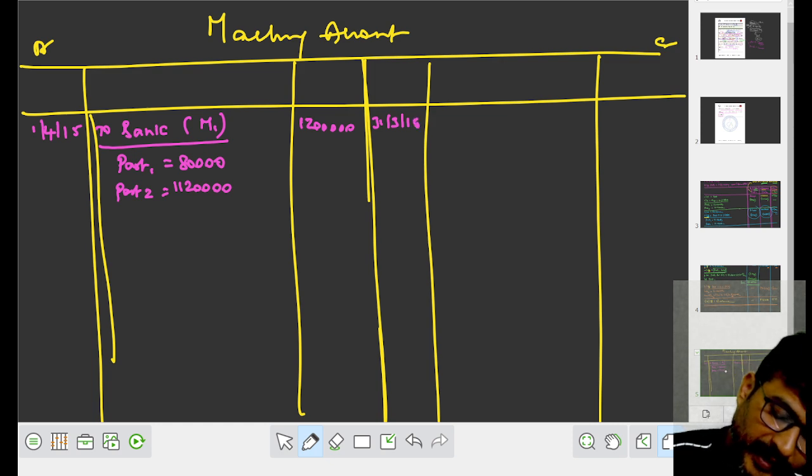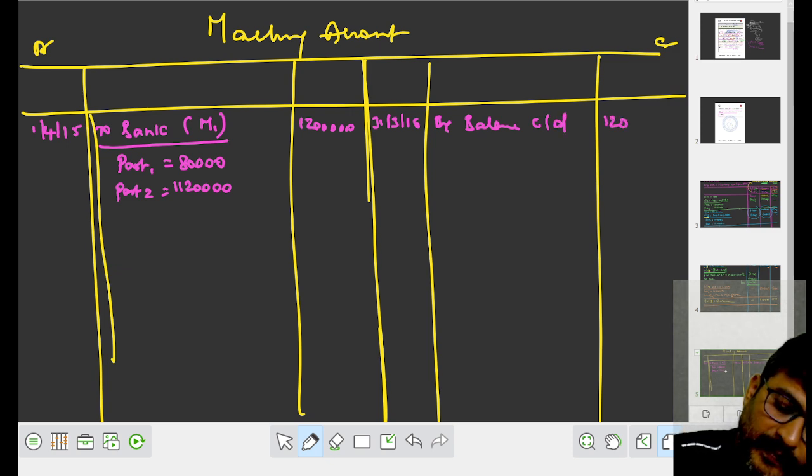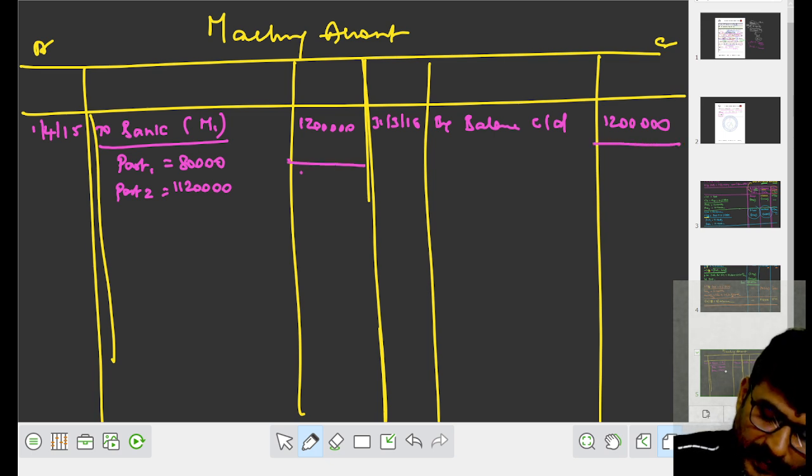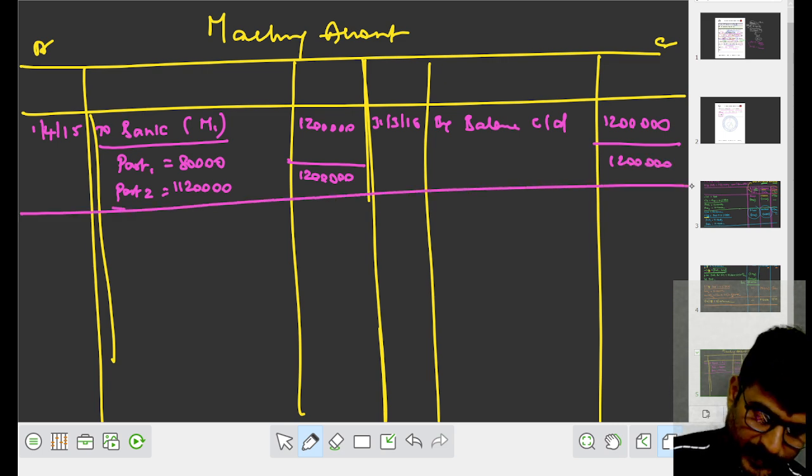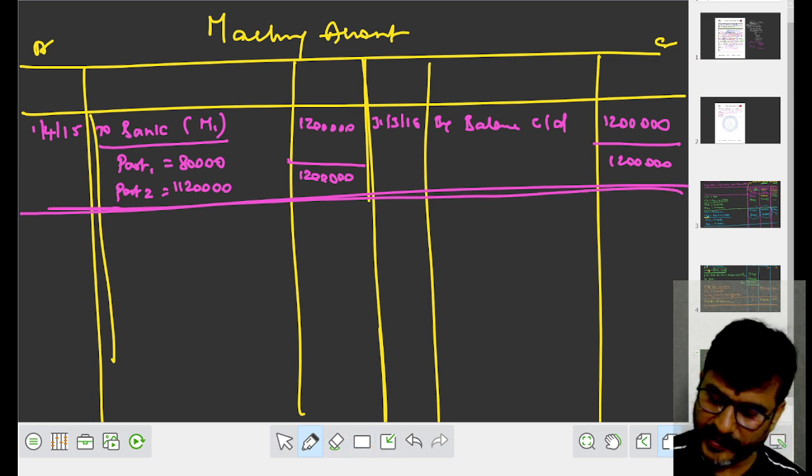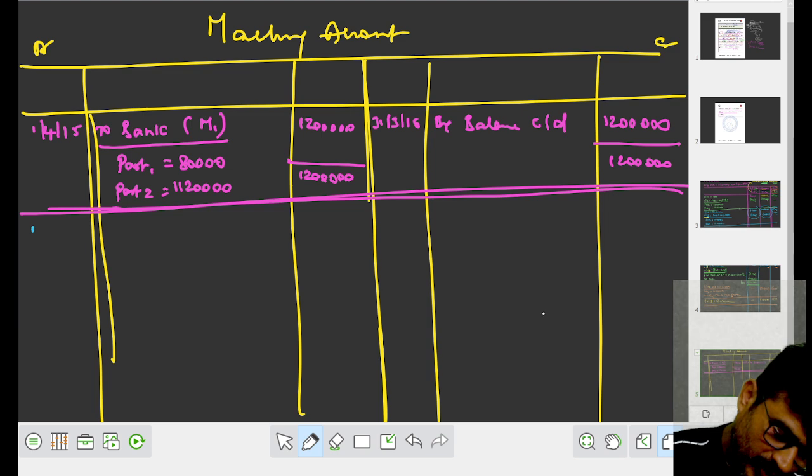At the end of the year, March 16, what do we have to write? By balance carried on, the same 12 lakhs, closed with the same 12 lakhs. This completes your first year, right? Let us move on to the next one.